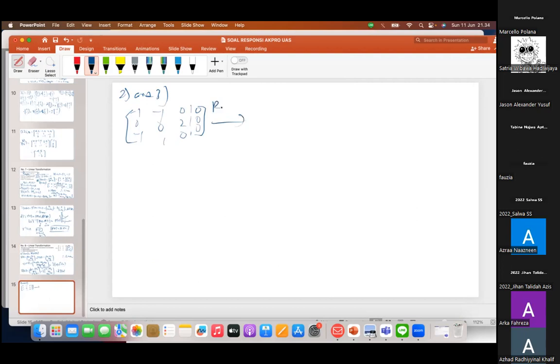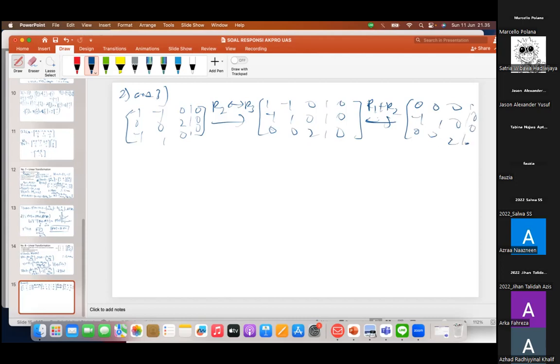So now we remove R2 and R3. Get 1, -1, 0; -1, 1, 0; and 0, 0, 2. And so now what we do is R1 plus R2. We're going to get 0, 0, 0; -1, 1, 0; 0, 0, 2.